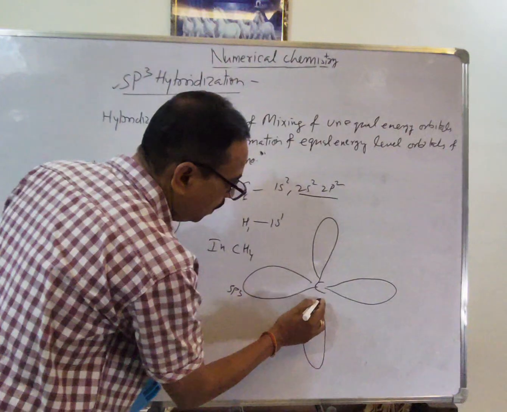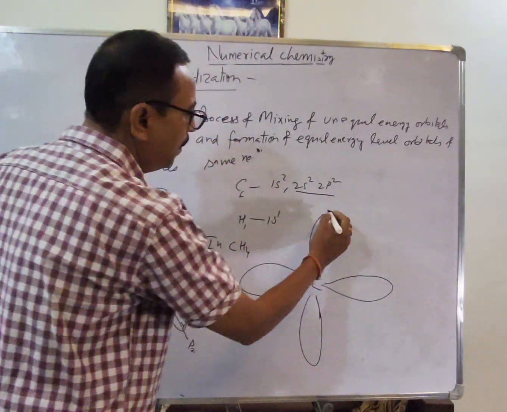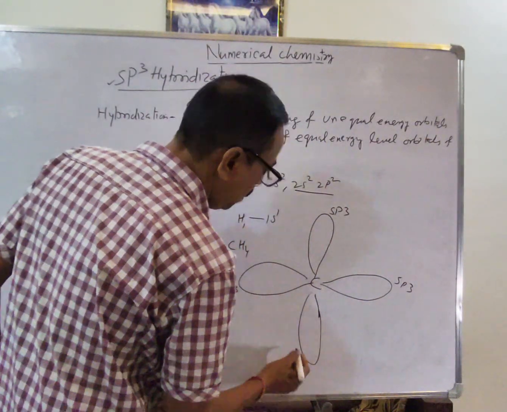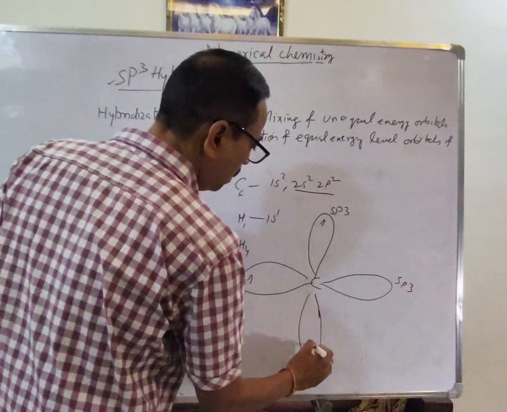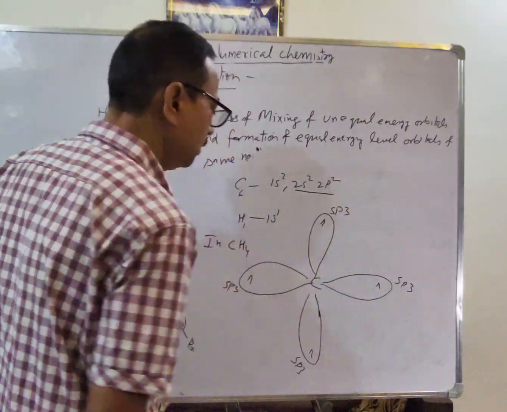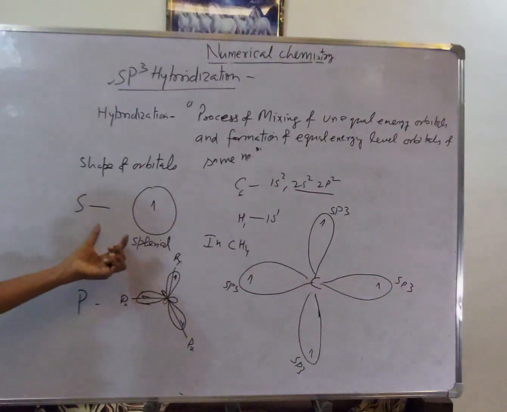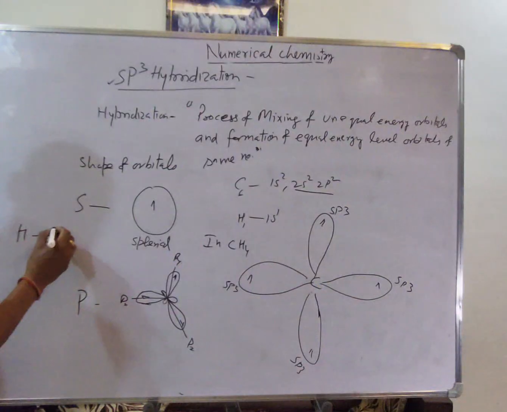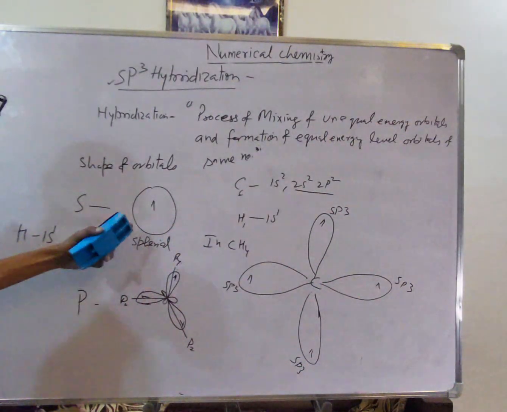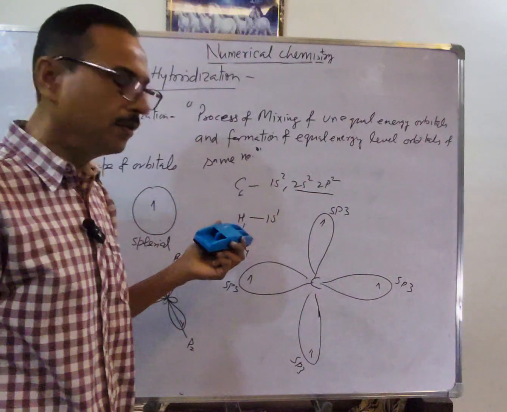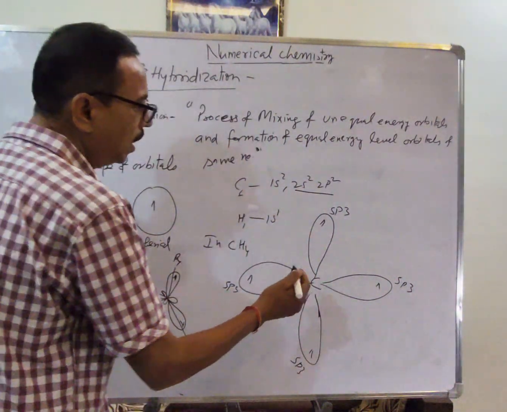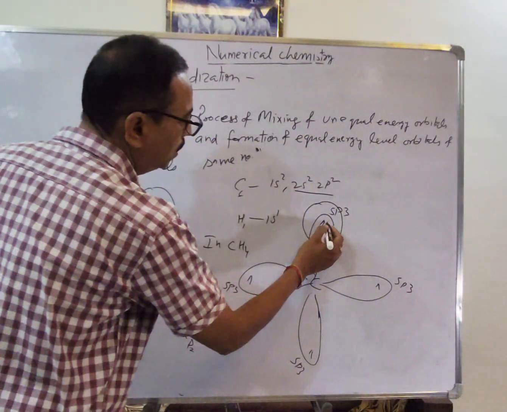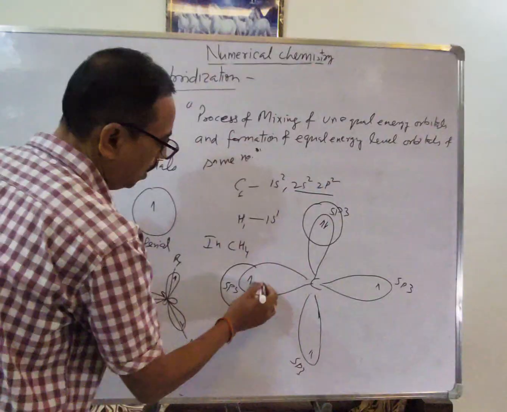So sp3 hybrid, each sp3 having a single electron like this. Now hydrogen is 1s1, that is spherical. 1s1 means only spherical, no hybridization in the case of hydrogen. So hydrogen comes and forms the bond. This is spherical and this pairs the electron.